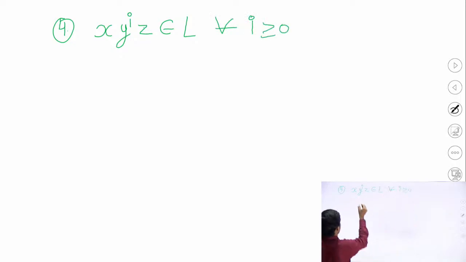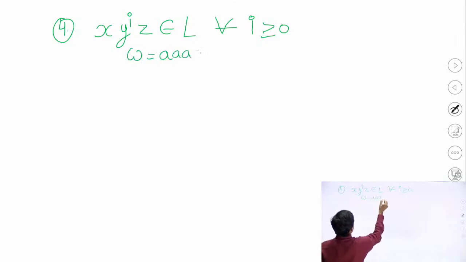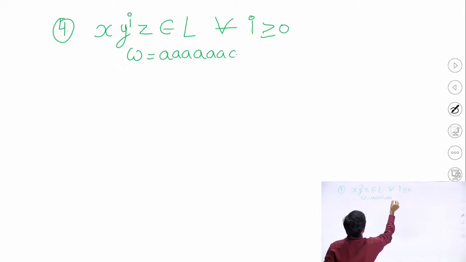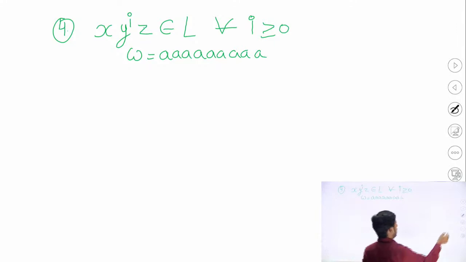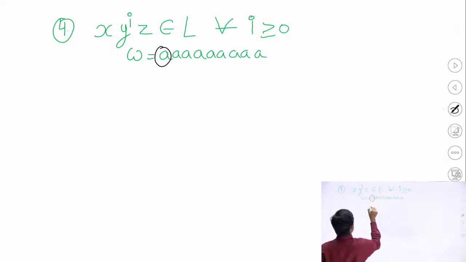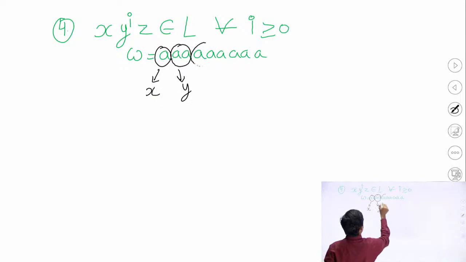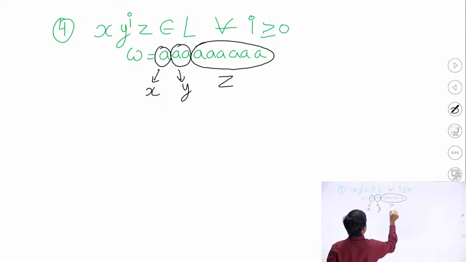And what is w? w is 9 times a. We have already divided that this a is x, this a is y, and this 6 times a is z.